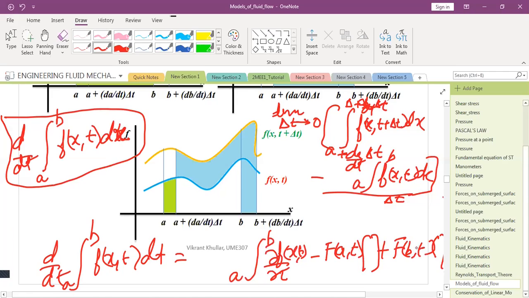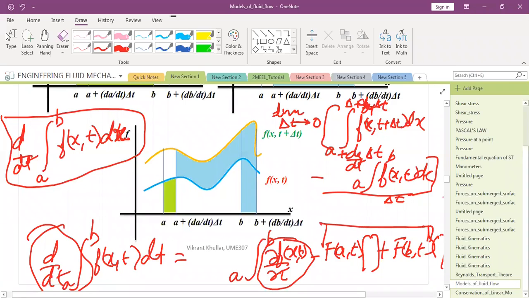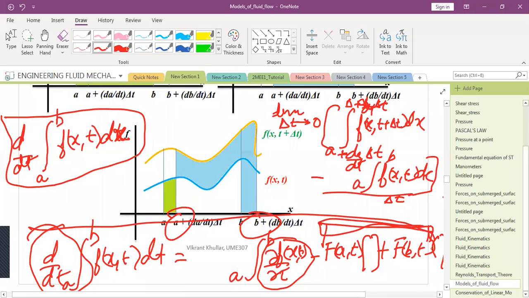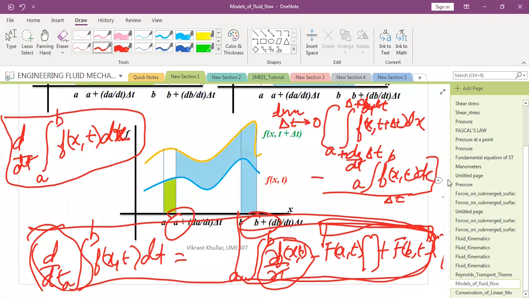I can leave this as an exercise; you just have to open it up. You will end up with a different expression. So this ordinary derivative is not equal to only the partial derivative, but there are some correction terms when the limits are changing with respect to time as well. That is why, if the limits themselves are changing, I will have to use this formula to convert the ordinary derivative to the equivalent partial derivative term. Are you clear?